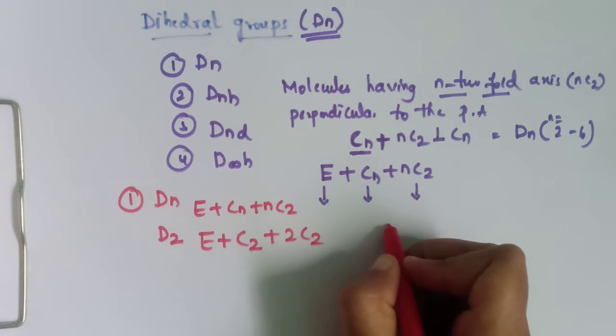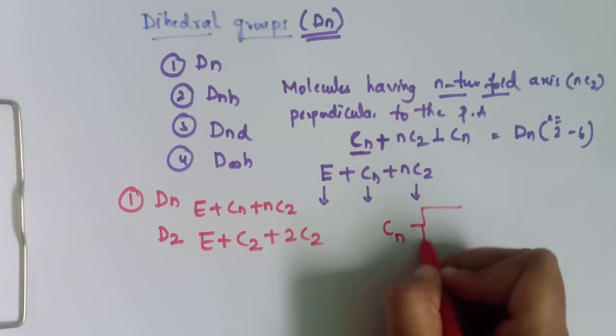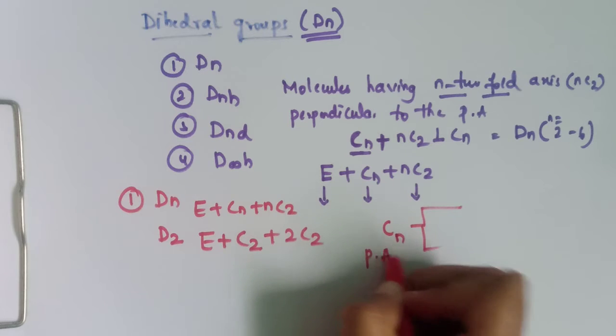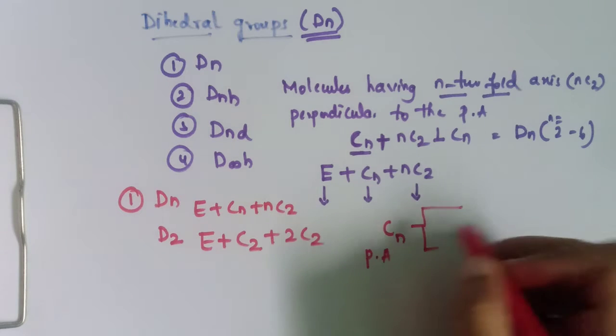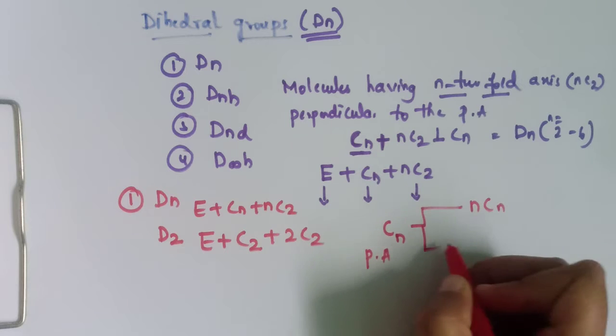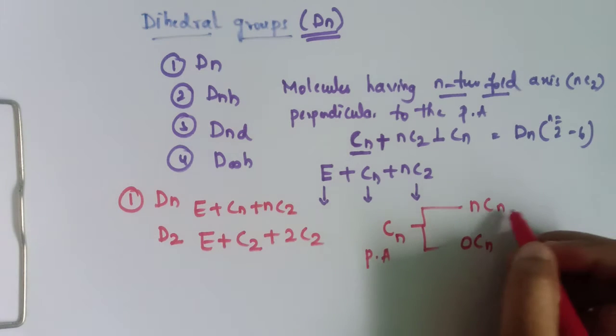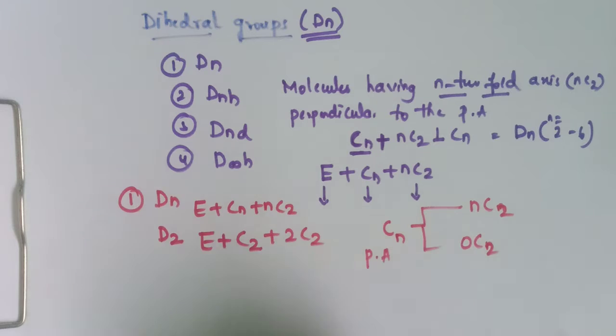If the principal axis is Cn, then the secondary axes of symmetry will be nC2 or 0C2. We already know it.